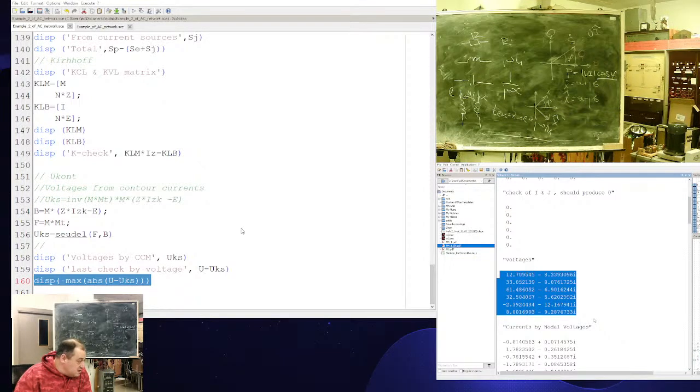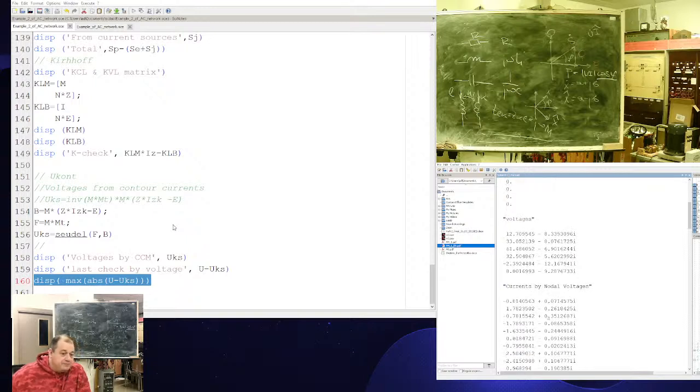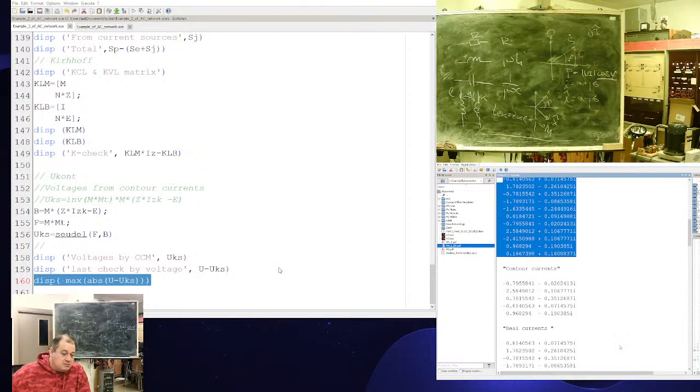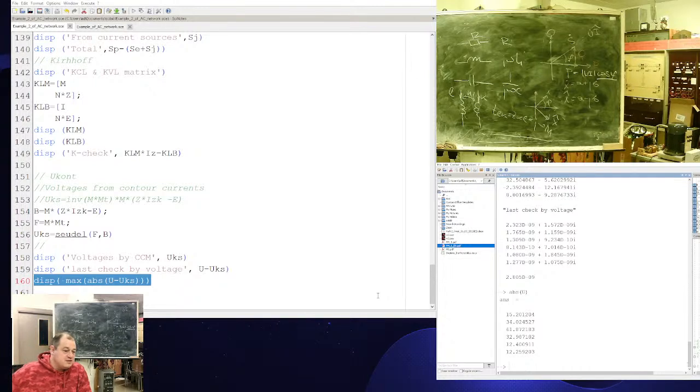This simplicity is achieved with the complex plane, so my voltages have an imaginary part. I will get currents also with imaginary parts. Voltmeter, what will be the voltmeter reading? This will be the voltmeter reading, the absolute values.